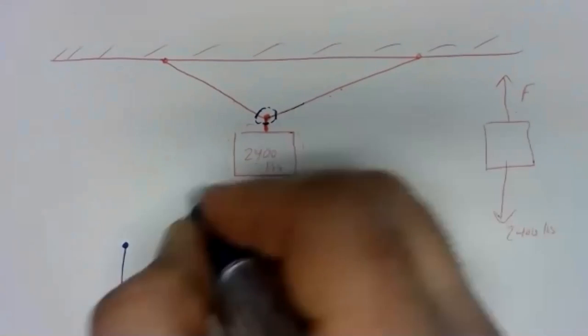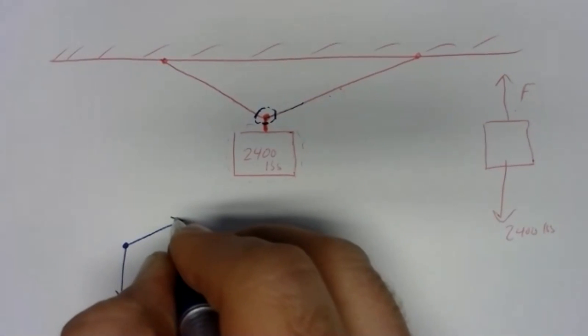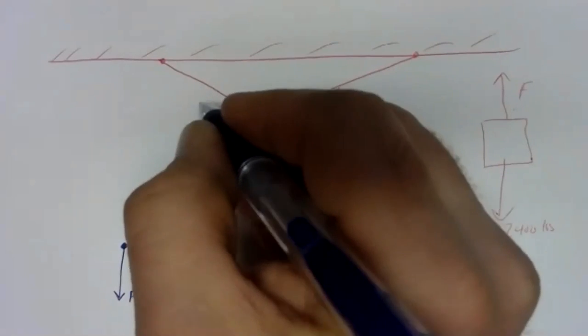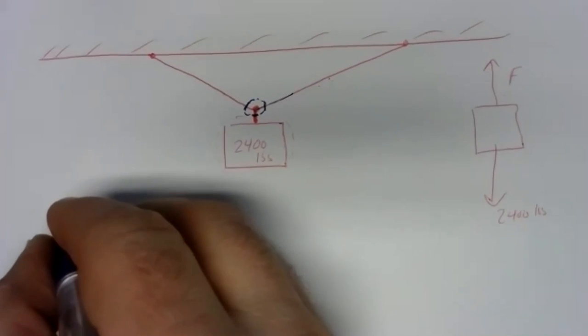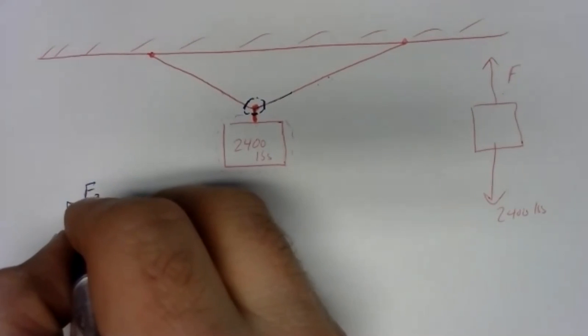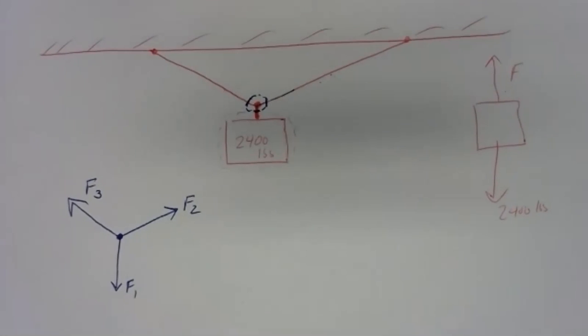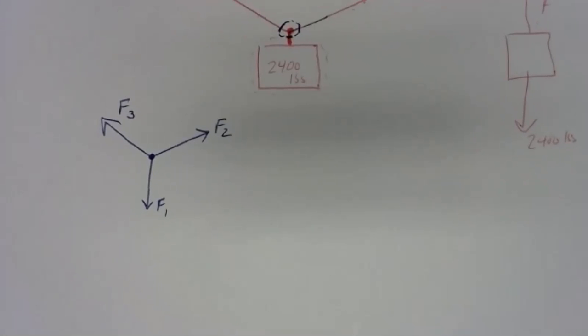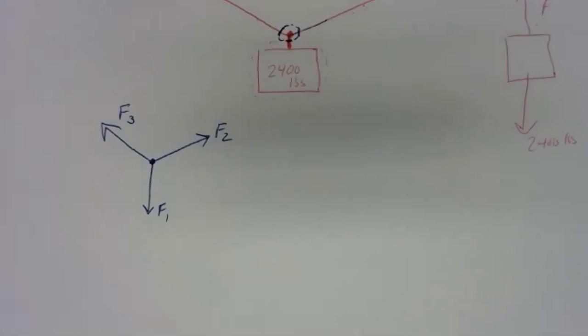There's a force pulling up and to the right. Maybe we'd call that F2. And then there's a force pulling up and to the left, and that might be at a different angle. So we call that F3. There's our free body diagram of the connection point between those 3 ropes or 3 wires.